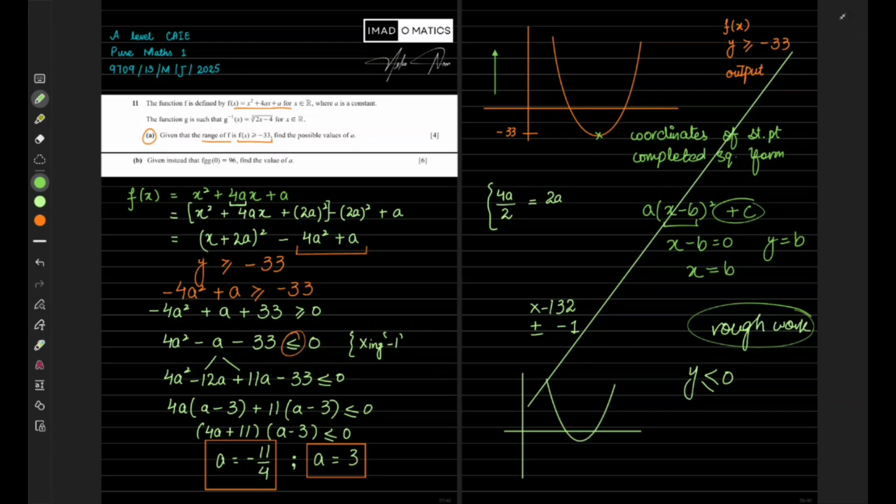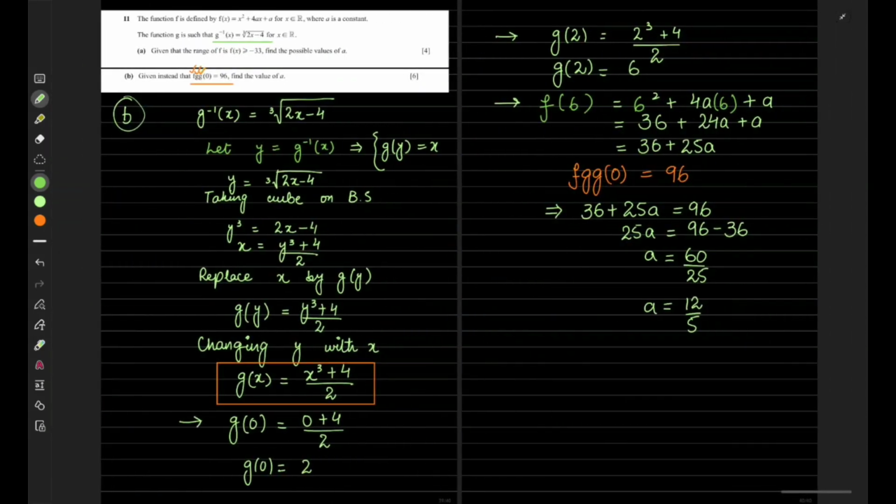So we have to do it by understanding the graph of it. Secondly, we say that f of g of 0. So we'll substitute 0, then the output in the g, and then the output of that in f of x to get the f of g. And when you put that equal to 96, you will be able to find the value of a. I hope you understand this question, and I hope you understand this whole paper.